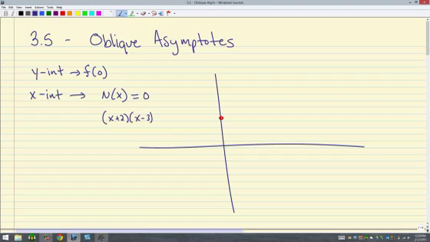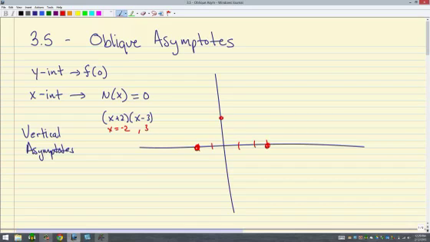So we started out with these two. And then we introduced you to vertical asymptotes. And we should say with the x-intercepts, you would plot, this was x equals -2 and positive 3. So you'd plot an x-intercept here and an x-intercept here.